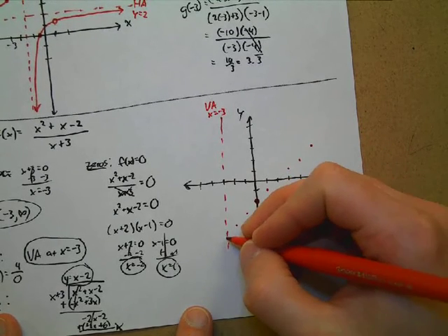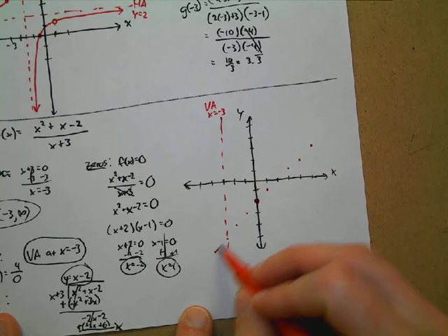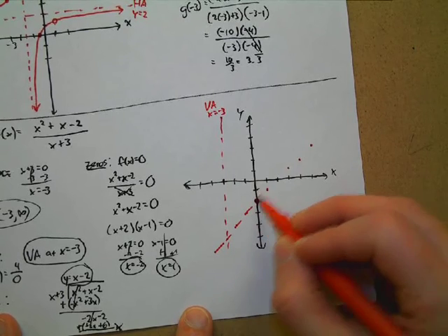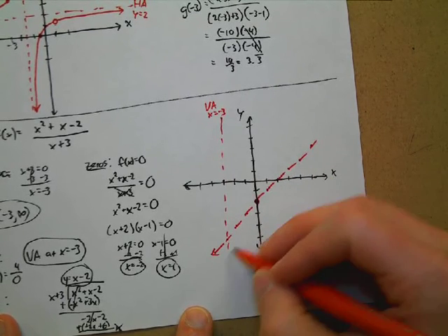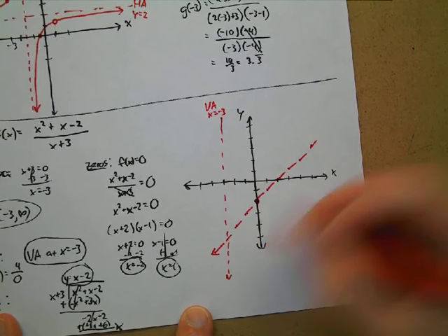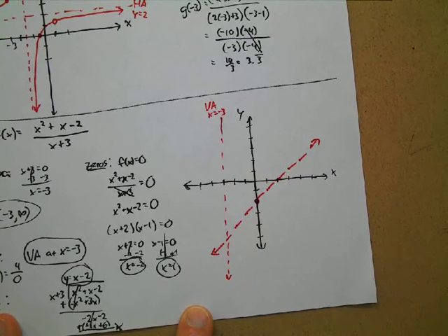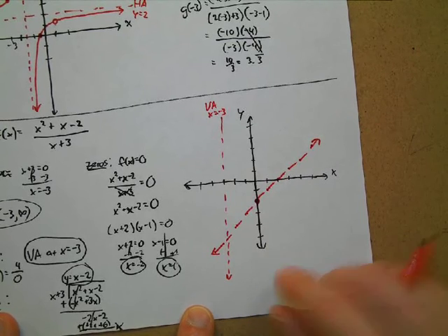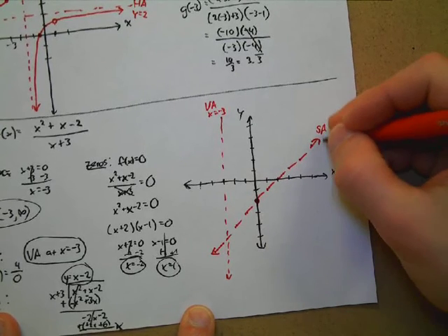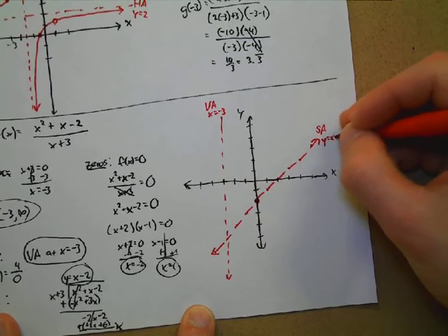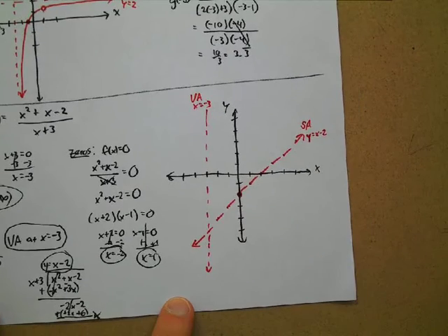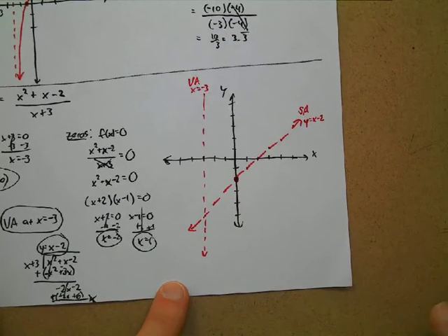And so that's going to be our slant asymptote, y equals x minus 2.